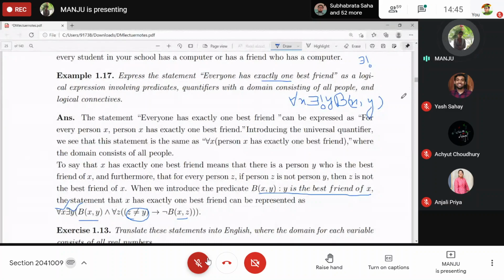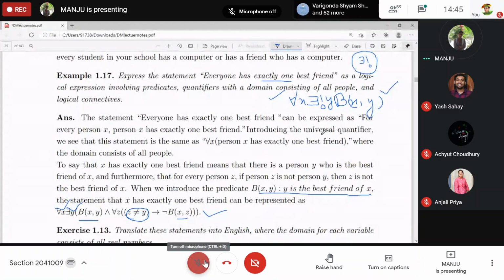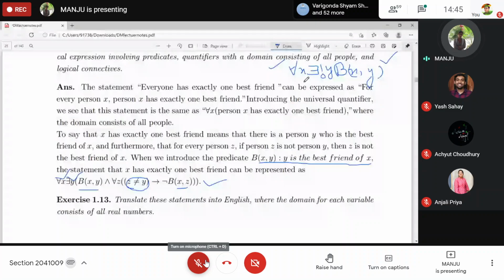I think this translation is easy for this one. Actually, for exactly one or uniqueness, you apply this uniqueness operator, there exists unique, that is there exists and then an exclamation sign.